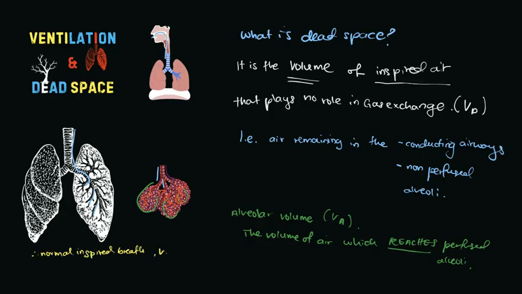Therefore, our normal inspired breathing or tidal volume is equal to the sum of alveolar volume and dead space. This is a very important concept, so get it engraved in your head that every time we breathe, we are actually breathing both alveolar volume and dead space that occupies our lungs and airways.